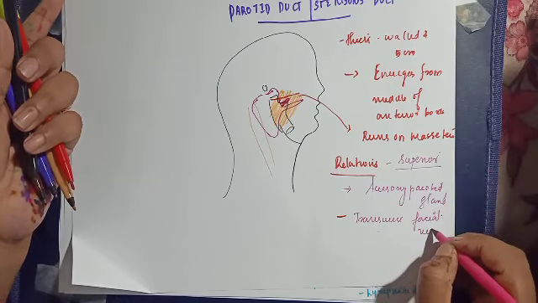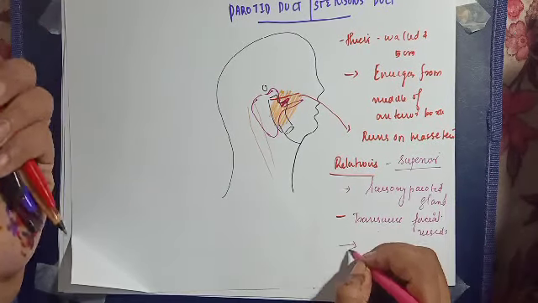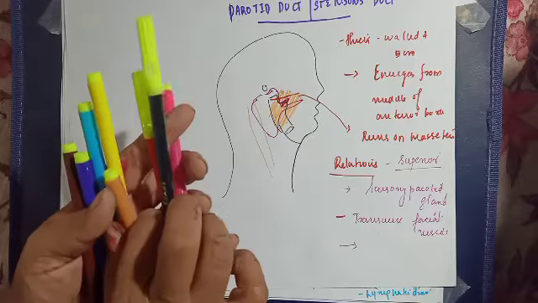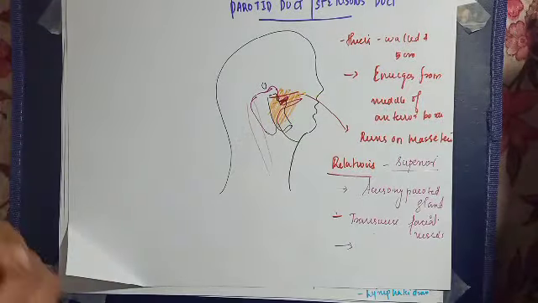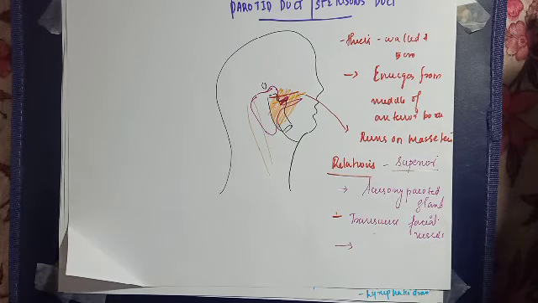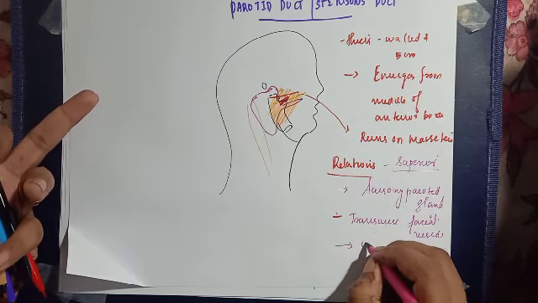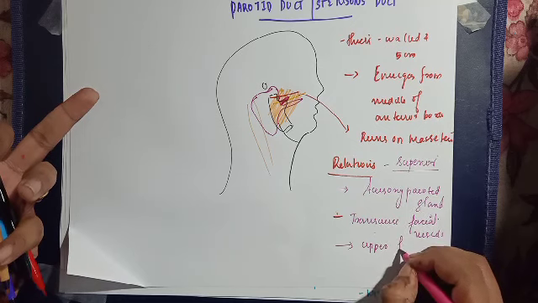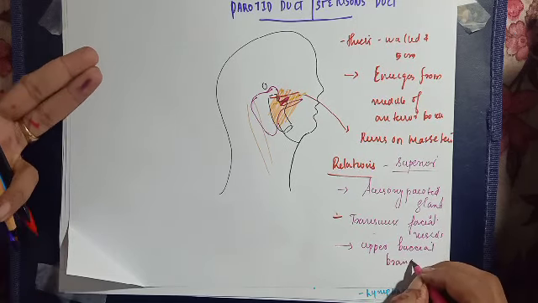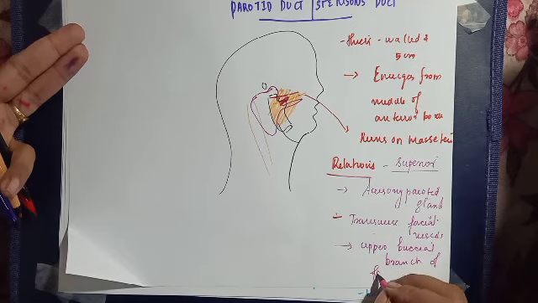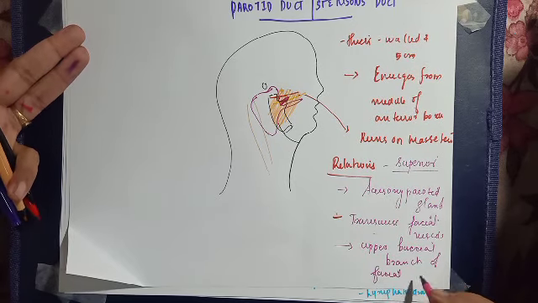Now which other structure? Located here above is the upper buccal branch of the facial nerve. So superiorly to the parotid duct, the upper buccal branch of the facial nerve. Now downwards, that is the inferior relation.